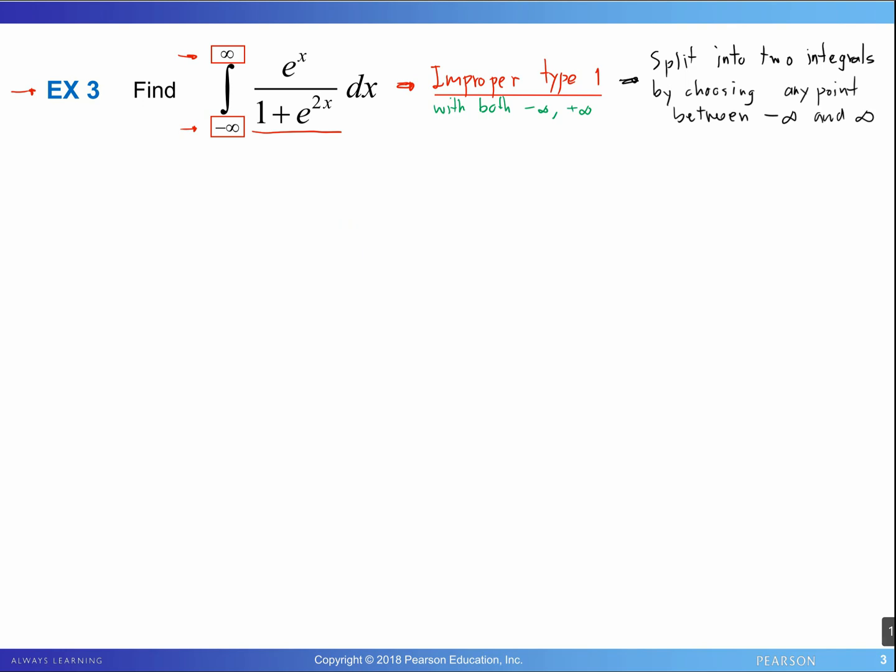So the key is right here, split into two by choosing any point. And this is how it's done. We have the x-axis, so negative infinity on the left-hand side and positive infinity on the right-hand side. And now we pick a point in between, any point you want. I'm going to choose this one right here at x equal to 0.